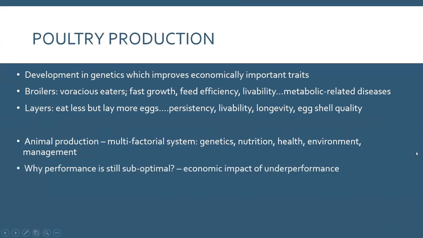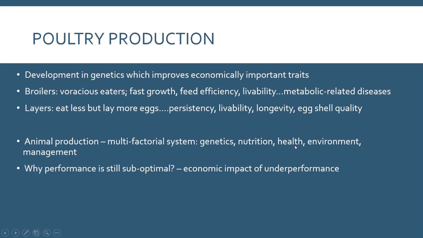So at this moment, when we have this progress in genetics, in terms of technology, and some innovations in nutrition, also in environment or health aspects of the animals, why do we still see suboptimal performance, particularly in, let's say, broilers or in laying hens?